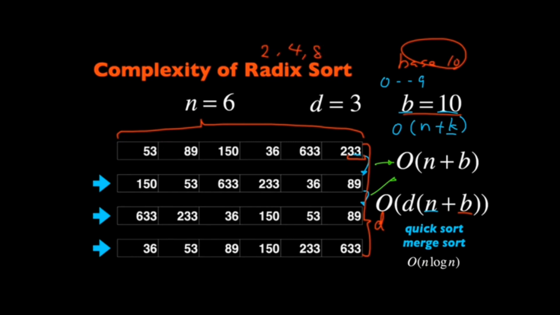And this choice will essentially come down to making a trade-off between time and space, because the larger value that we choose for b, the more space is required for the counting sort step. But at the same time, a larger b or larger base will imply a smaller d, or less number of digits for each number, so it'll take less time to sort the array using radix sort, as long as b is less than n.